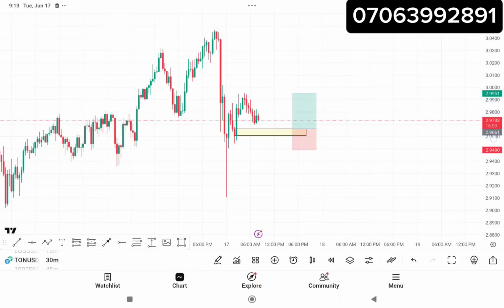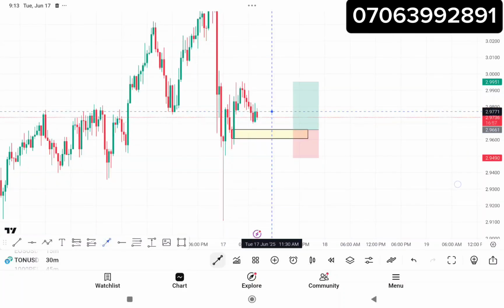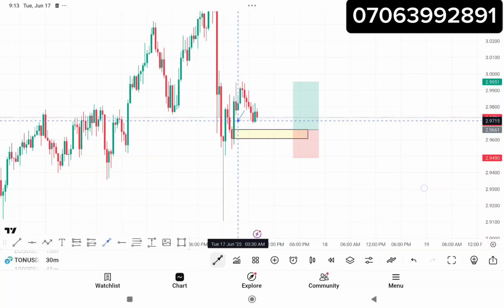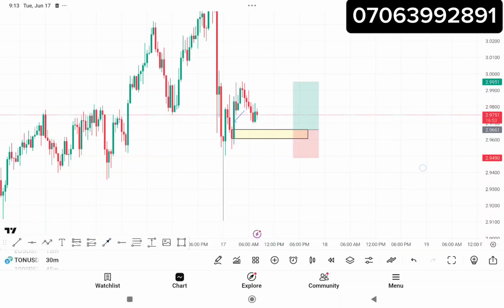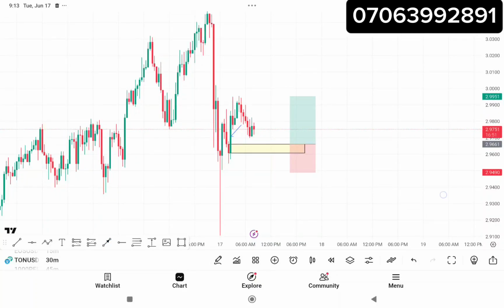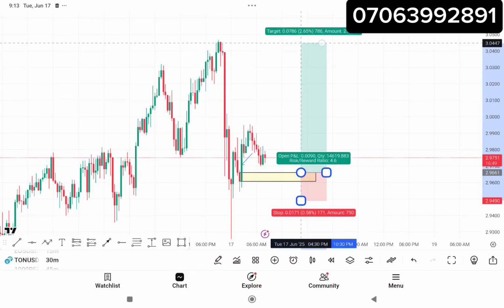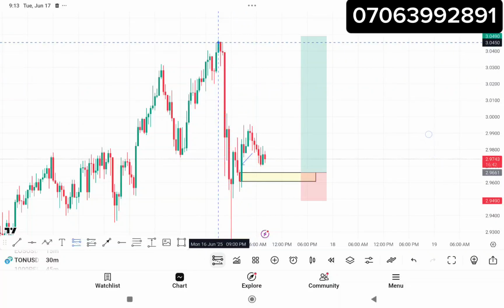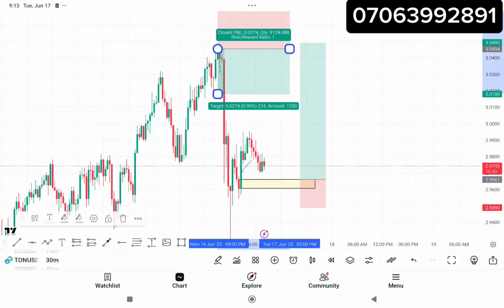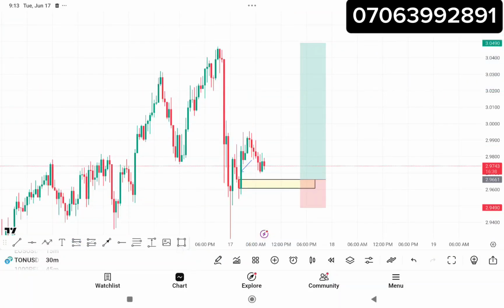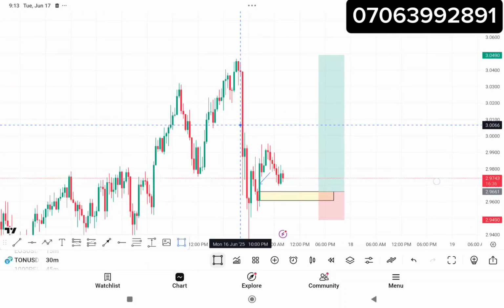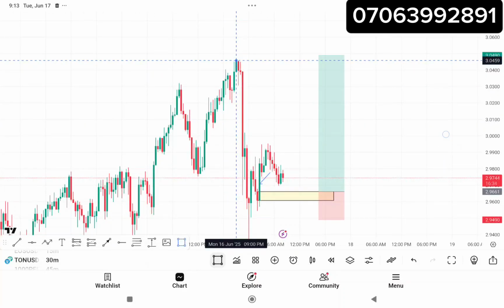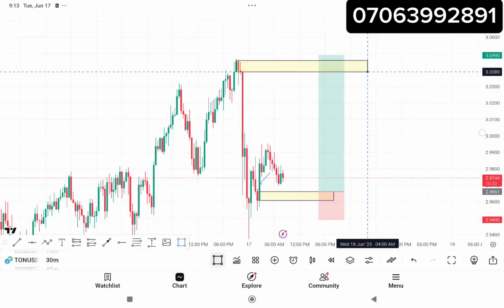But then you can look at this point, reason being that there's an imbalance at this level here. So the market can get to that point and move all the way up. But then an incredible sell opportunity is also at this point here.